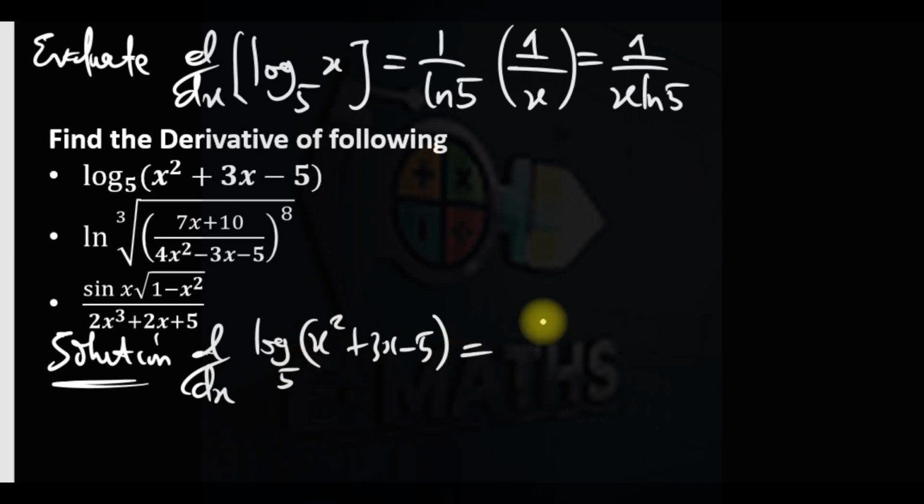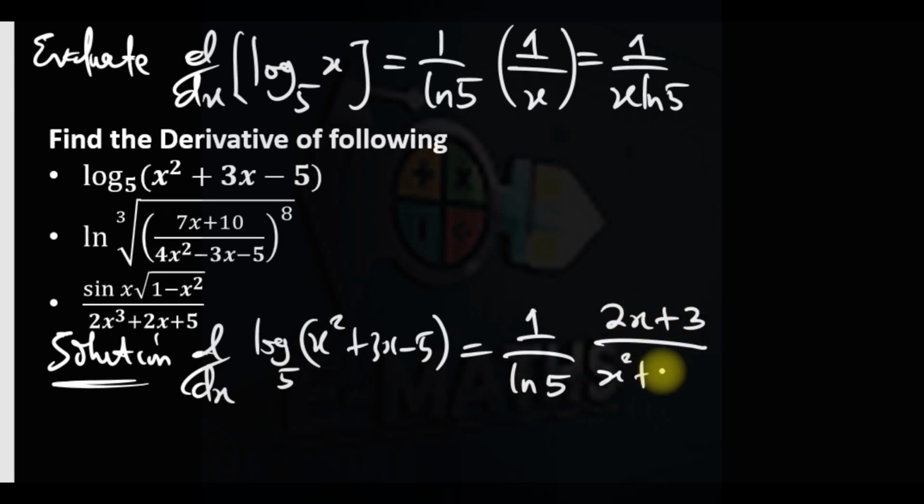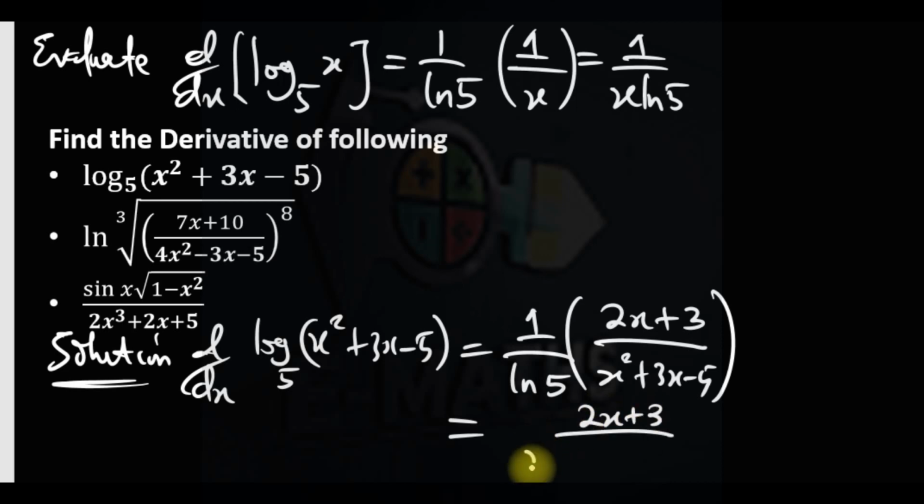Remember what I did: 1 over ln 5. We now differentiate, f prime x is 2x plus 3 over the original, which is x squared plus 3x minus 5. So we write it as 2x plus 3 over x squared plus 3x minus 5 times ln 5. So that's the answer.